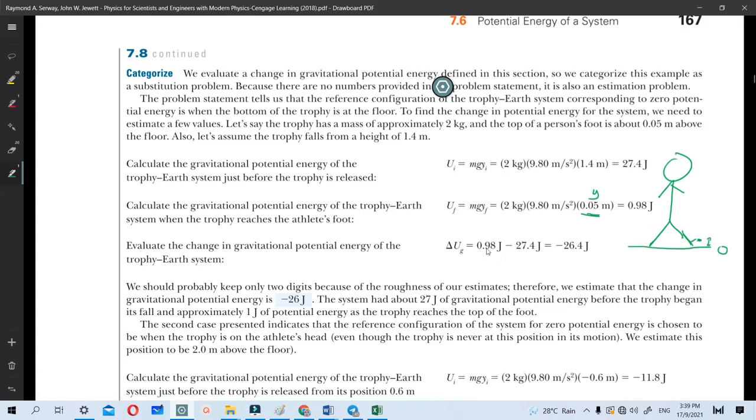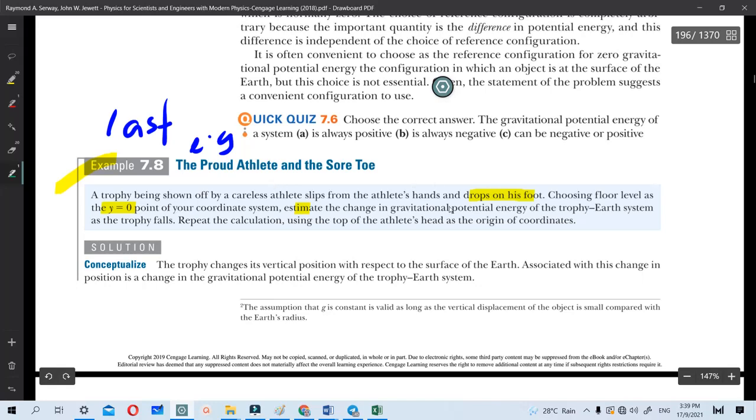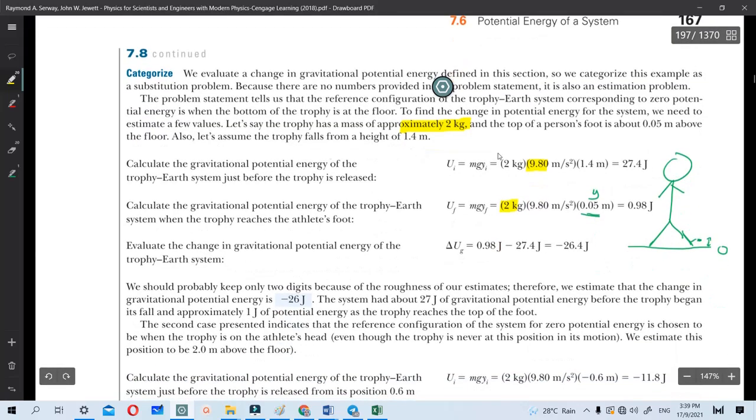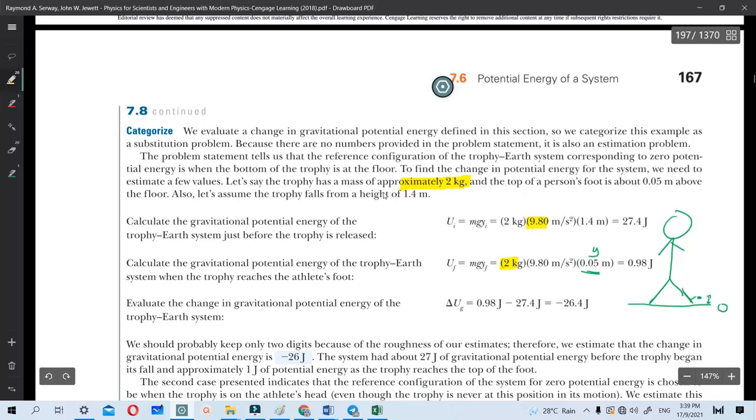Now, the mass is not given, so let's just assume for this question, there is a statement here, approximately 2 kilogram. The g value, remember that the g value is a positive value. We are not going to consider the negative, only in free fall and projectile. And then the distance when he holds it on top is 1.4 meter, from the upper part.